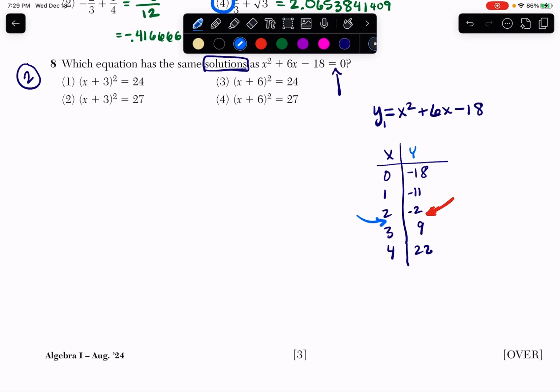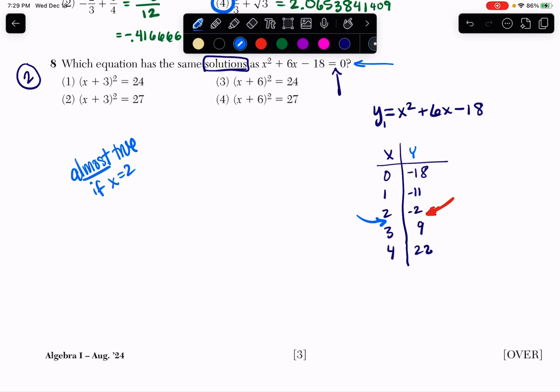So what I'm going to do is just plug 2 into each of my answer choices and see which answer choice seems almost true if x is 2, because when x was 2, my original problem was almost true.